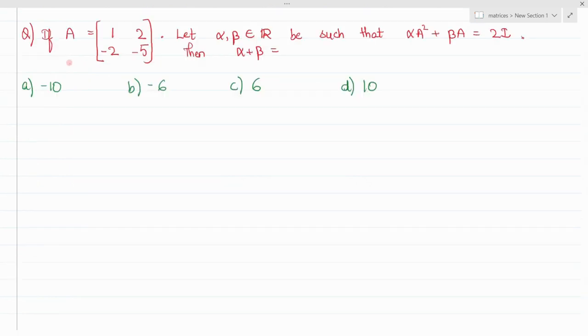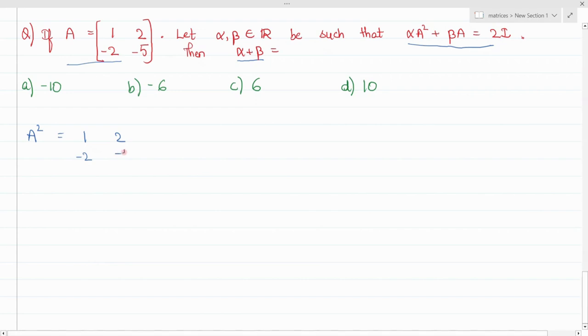In this question, matrix A is given and a condition on alpha and beta is given. We need to find the value of alpha plus beta. So first find A square, that is [1, 2; minus 2, minus 5] into [1, 2; minus 2, minus 5].